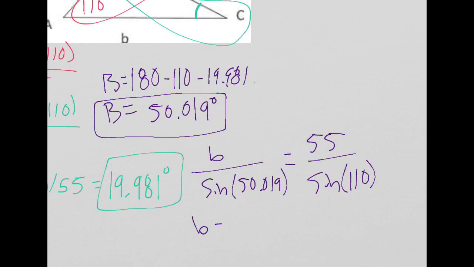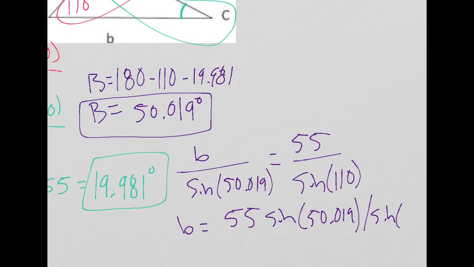And so then B equals 55 times the sine of 50.019 divided by the sine of, oh no, I'm out of space, the sine of 110. Enter that in, and you should find that B equals 44.849.